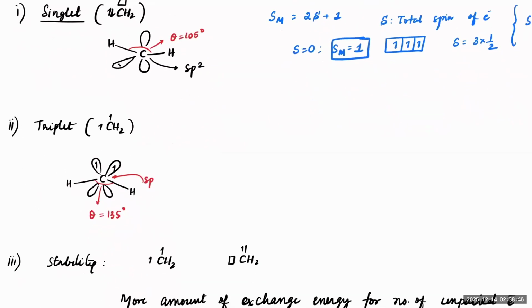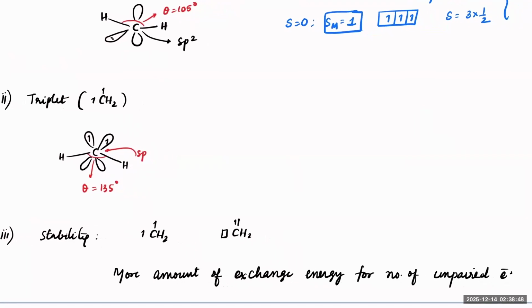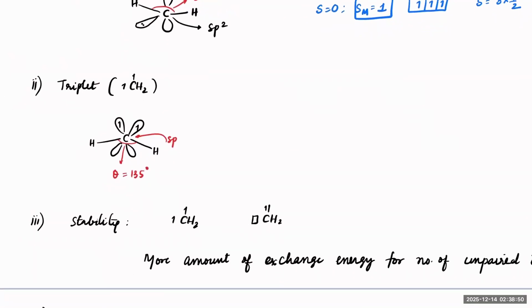Now, if you apply the same Hund's rule for the triplet form, CH2 can also exist in a triplet form. Here, both the orbitals will get 1 electron each, and the bond angle is 135, hybridization is sp. Now if you notice the spin multiplicity, 2S plus 1, S being 2 times half, which is 1.